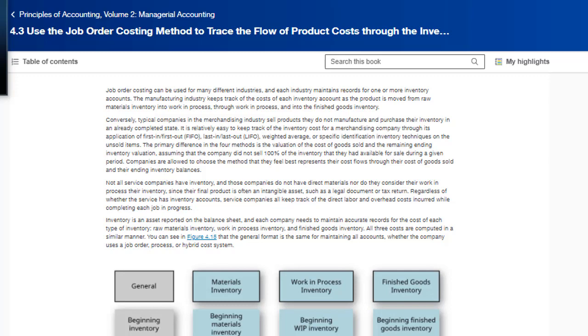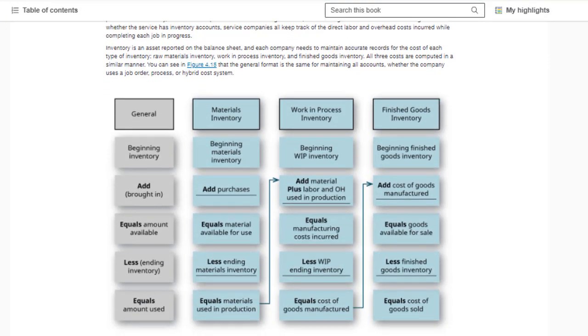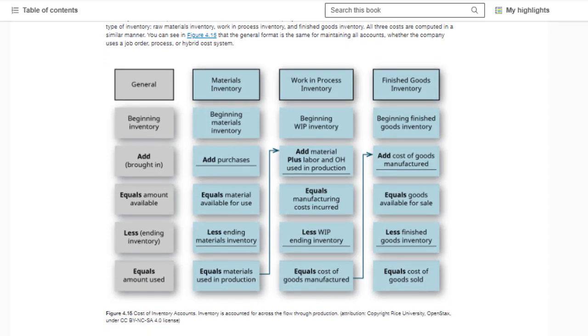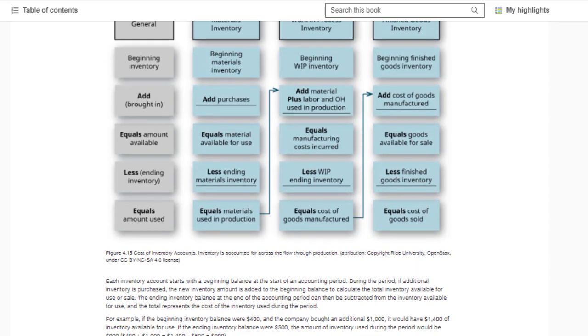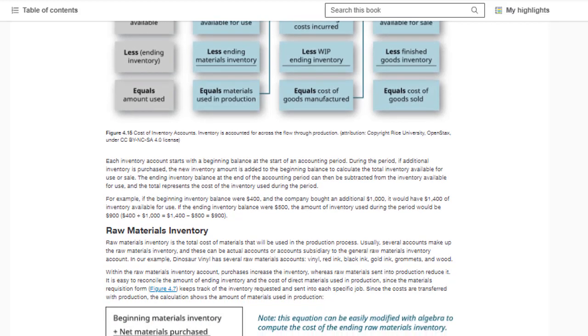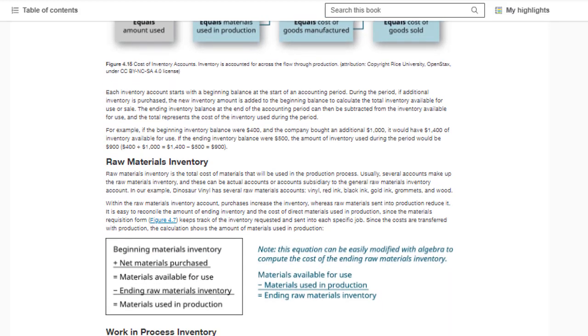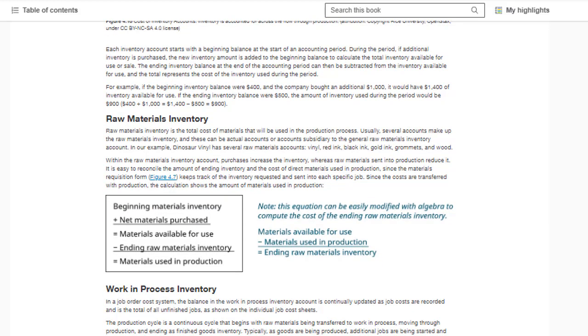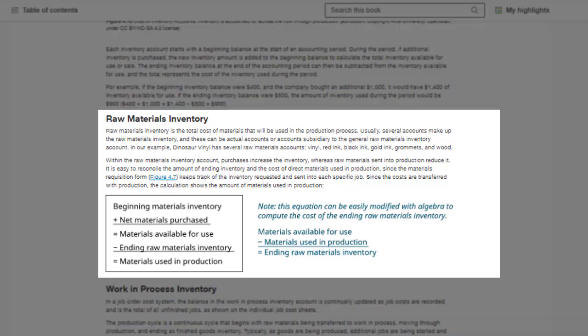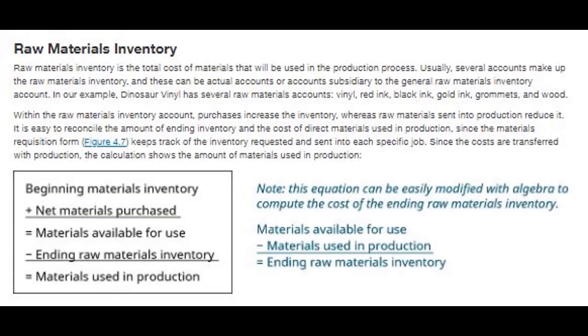Okay, so we're at 4.3. What's the first thing that you do? Well, scroll down below figure 4.15 and look at the section entitled Raw Materials Inventory.